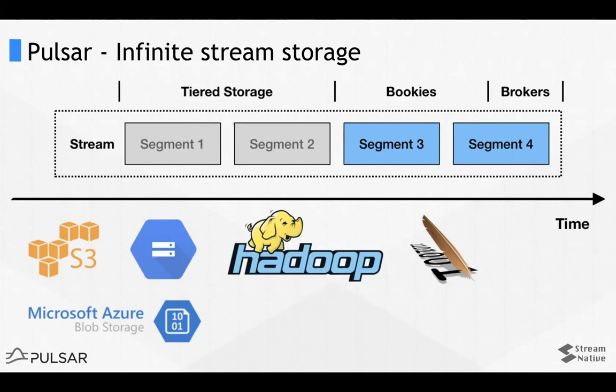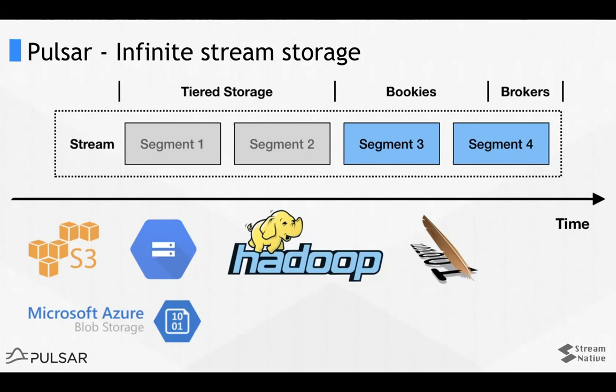But we find that if you want to do unified data processing, you want to keep the data for a much longer duration, like more than 7 days, probably a month or even half a year. So you probably don't want to store all the data in Bookkeeper. You want to leverage existing storage: on cloud, you have a lot of scalable cloud native storage, and in data centers, you already have HDFS or other much cheaper storage.